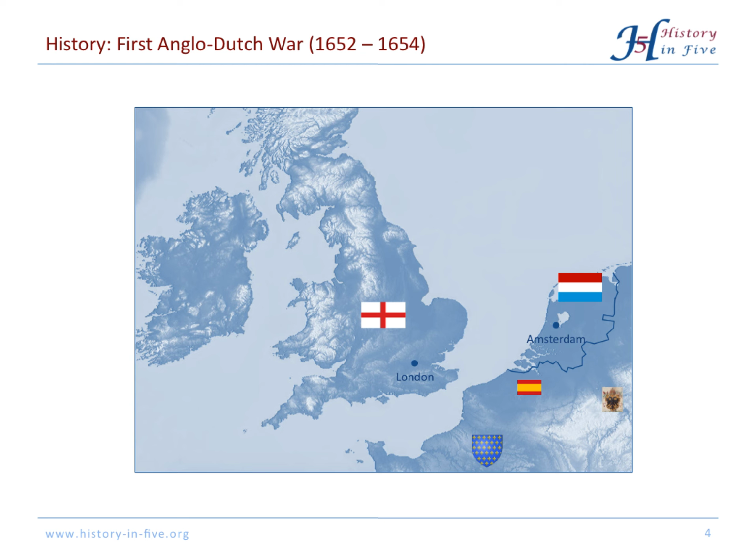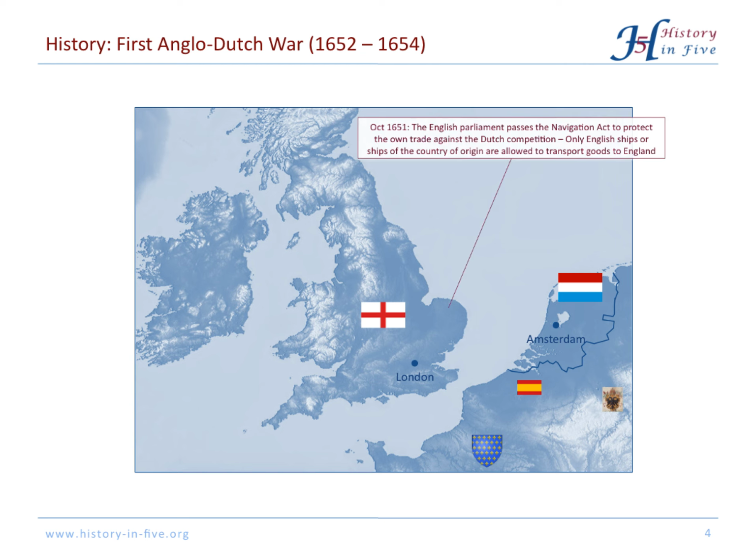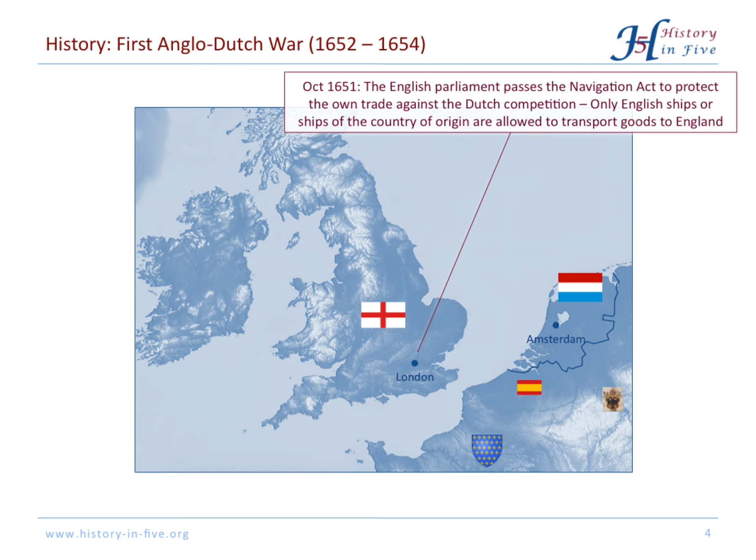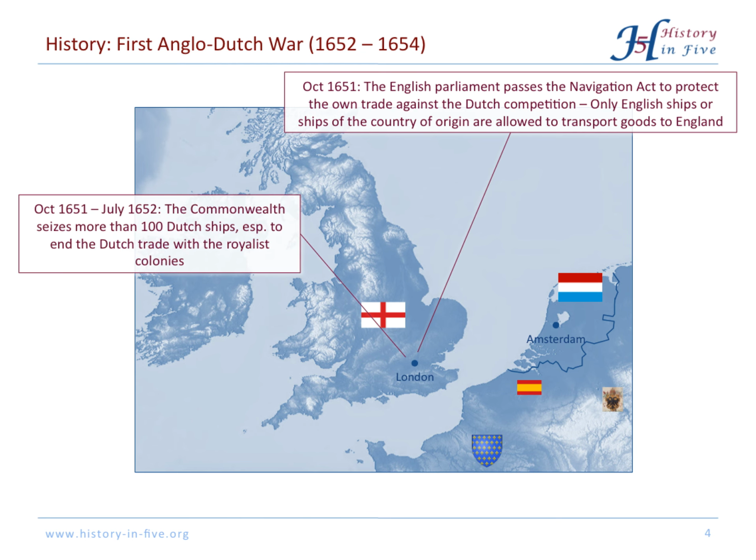So of course the English were not happy about this, and the Parliament passed the Navigation Act. In its core, it meant that goods transported to England have to be transported on English ships or on ships of the country of origin. Against this background, the Commonwealth seized more than 100 Dutch ships, especially to end the Dutch trade with the royalist colonies.